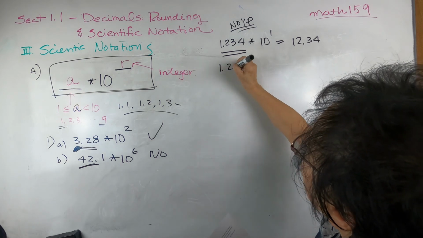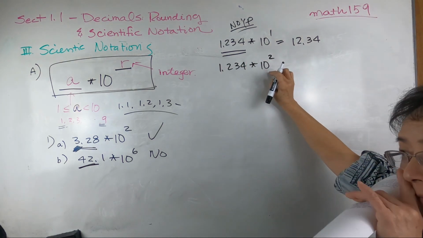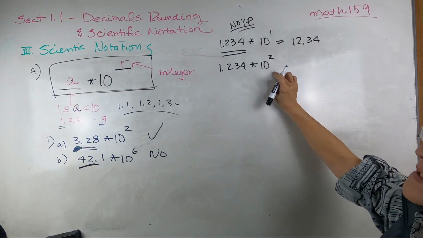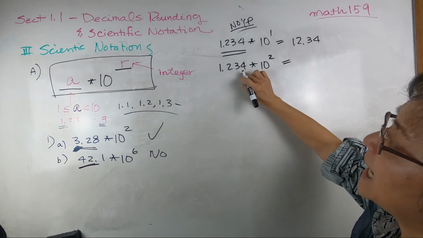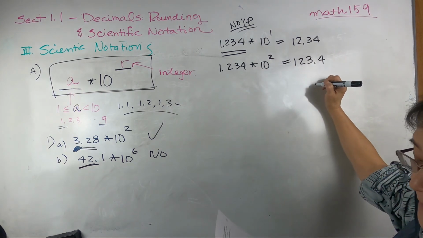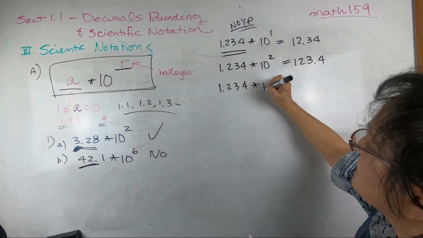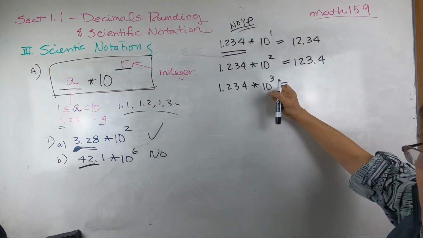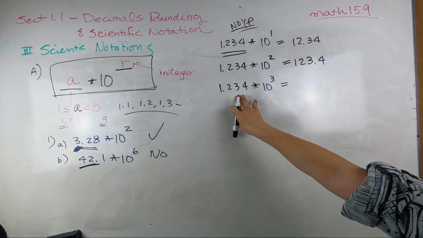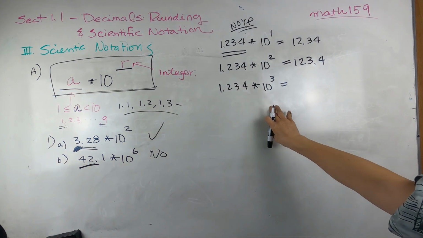If I have 1.234 times 10 to the second power, do I have a scientific notation? Yes, but what's this number? You times 100, then you end up with 123.4, right? If I have 1.234 times 10 to the third power, do I have scientific notation? Yes, a number from 1 all the way to 9.9999, right?